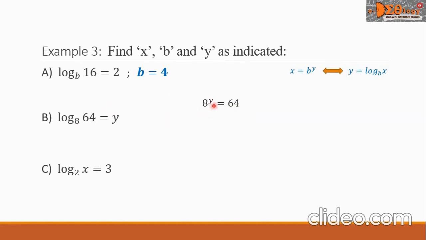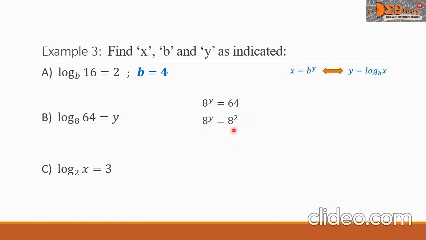So 8 raised to y. And this is equal to, this number 64 is now here. And I know this 64 is equal to 8 squared. So I have now 8 raised to y equals 8 squared.